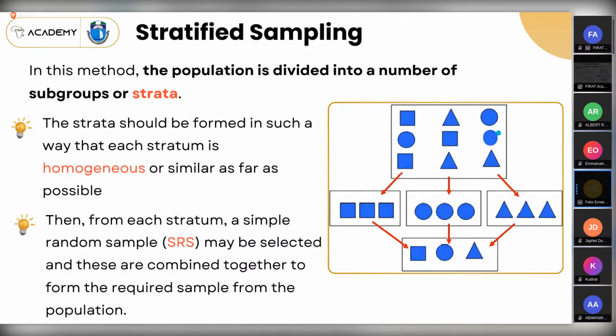So stratified sampling is usually for a situation where, if you do your probability sampling, you may have one group of the strata more than the other group of the strata. Let me give you a very good example.